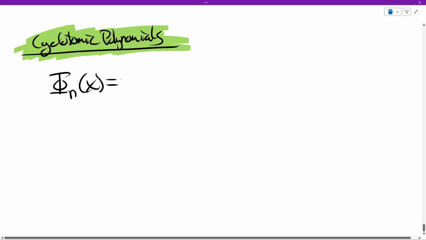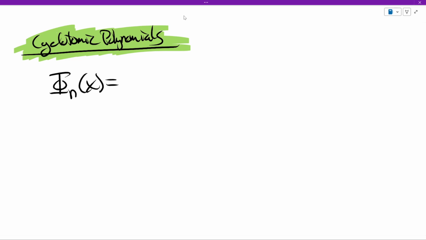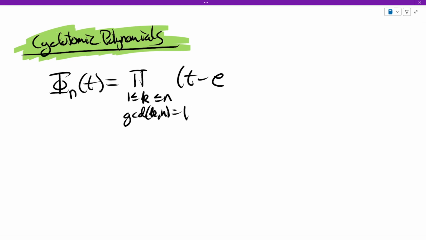And what phi n of t is, we're using t, is the product over all 1 less than or equal to k less than or equal to n of terms where the GCD of k and n is 1, t minus e to the 2 pi i k over n.